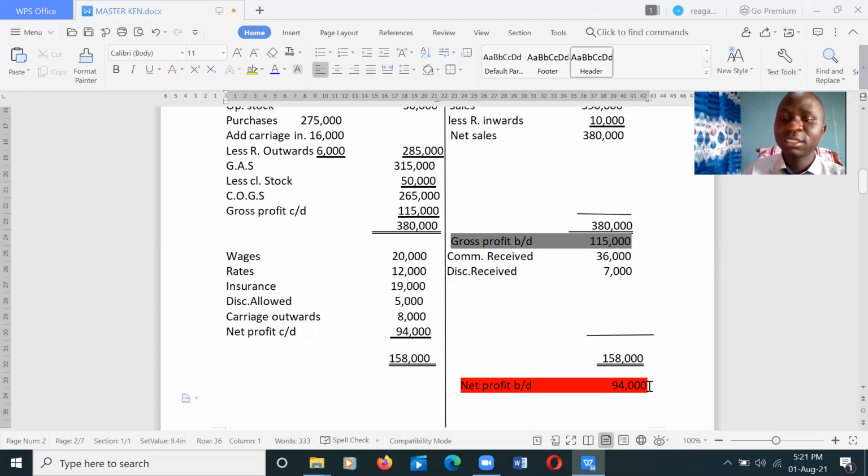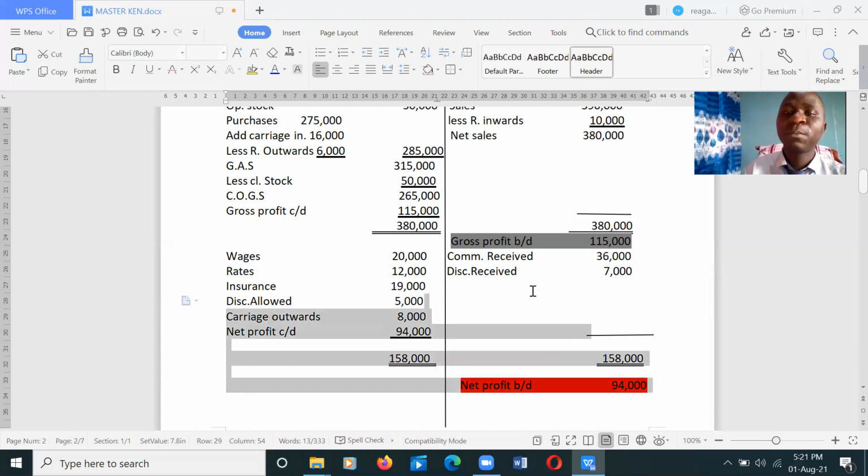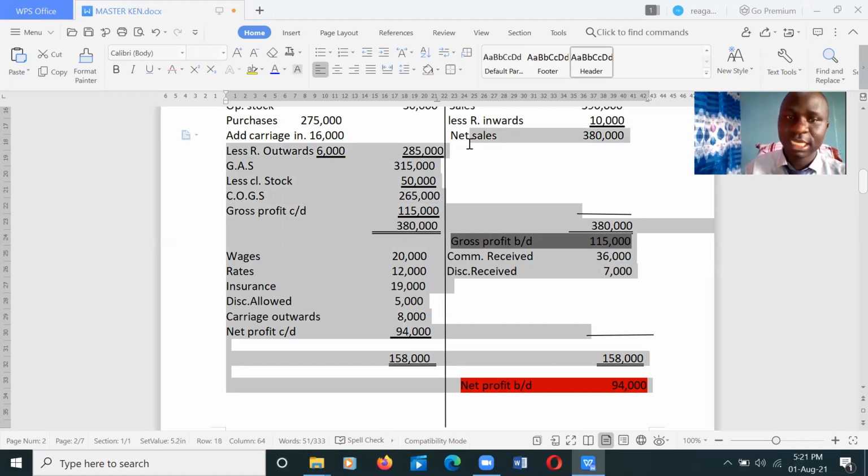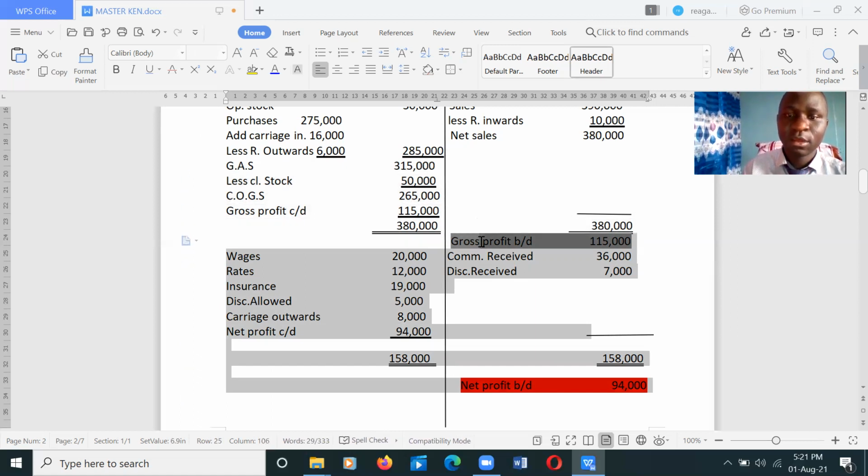So it means the instructions were to prepare the trading profit and loss account. And from here, how I've highlighted, from gross profit up to where I got the net profit brought down, what we are preparing is what we call the profit and loss account.